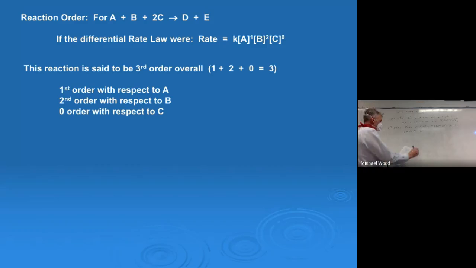So the way we would write this is rate equal to K times A to the first. And so in terms of X, this is just X. So as A goes up, rate goes up by the same rate, the same ratio.